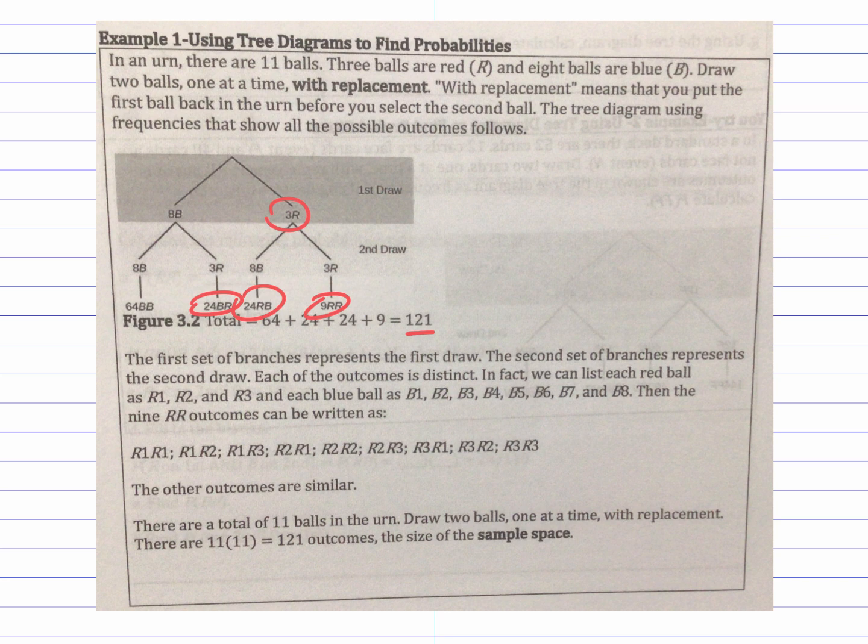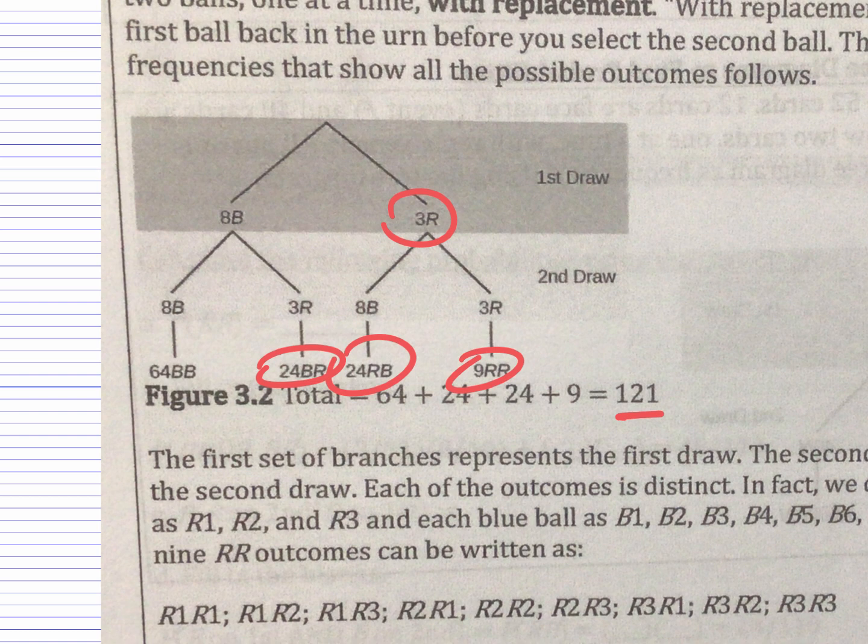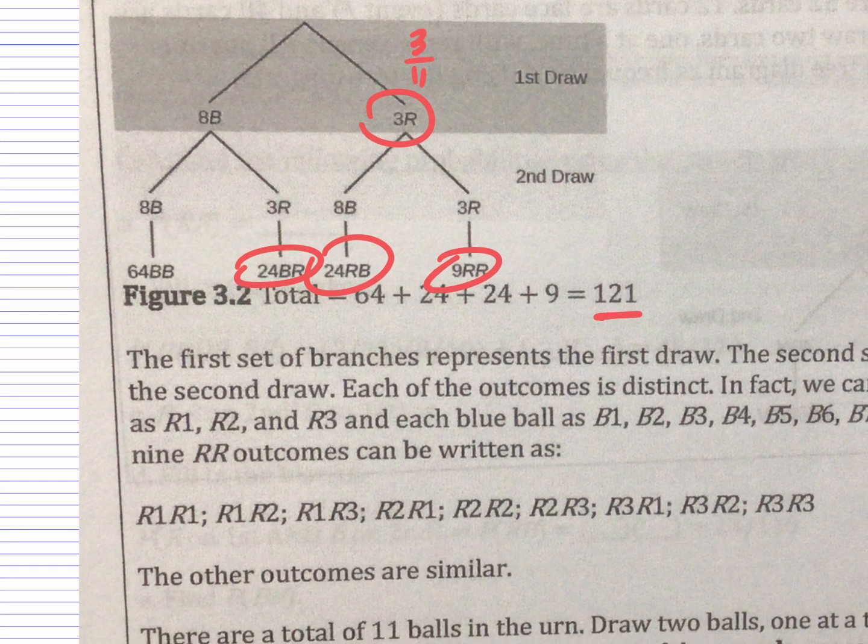So then the same amount of draws are going to be possible in the second draw. It will be 3 out of 11, that's R first, and then B, and since B is replaced, this is going to be 8 out of 11. I use the tree diagram to help me a little bit here.